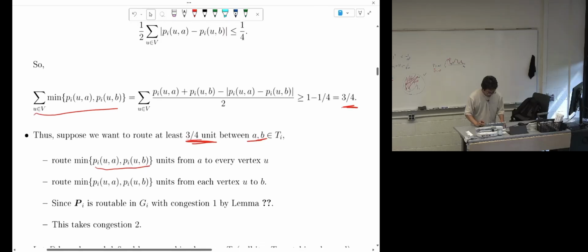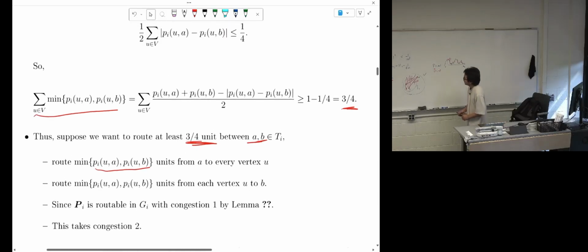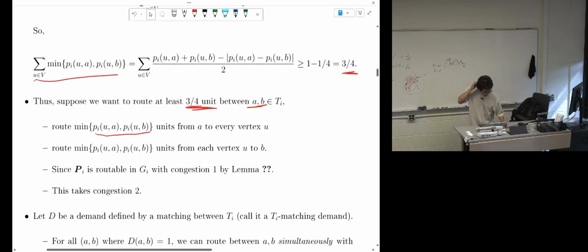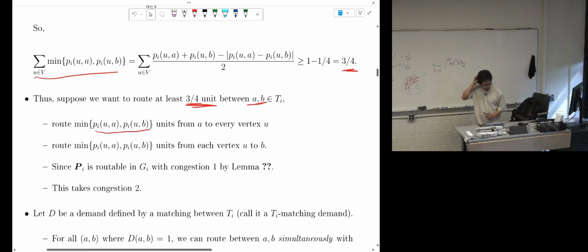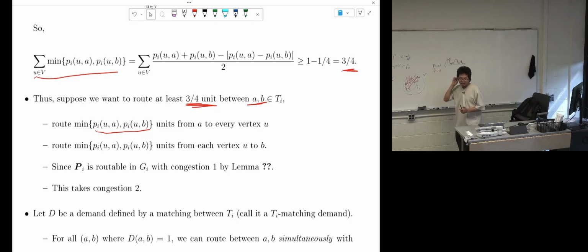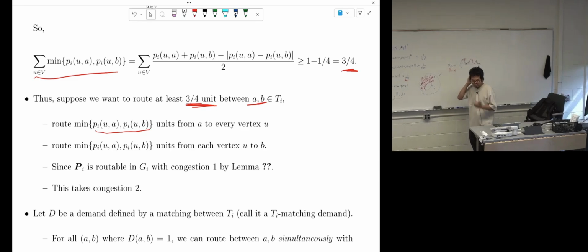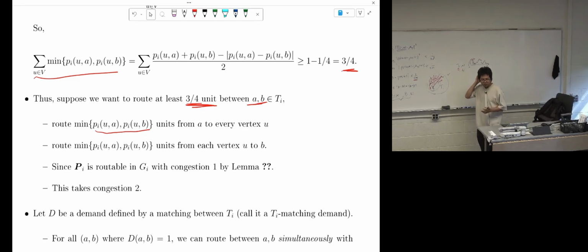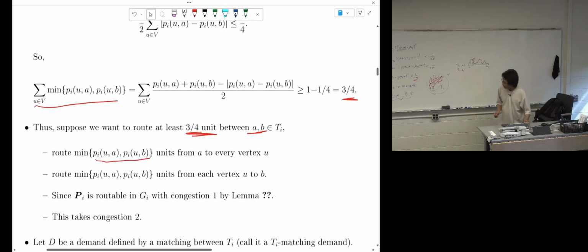Now with this, I want to claim that you can route any demand that respects the indicator of the active set with congestion 2 or close to 2. So why is that?